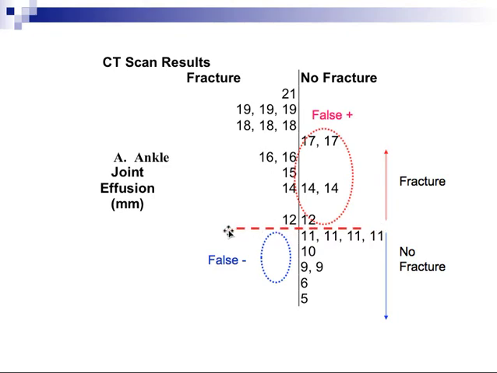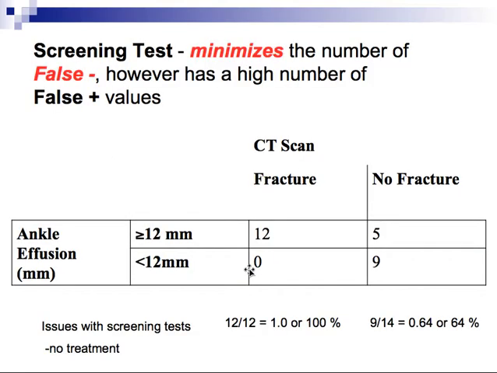And so in this example, we want false negatives to be driven to 0. And so where we would draw the line now is at 11 millimeters. And so by doing that, we're going to have many more false positives.